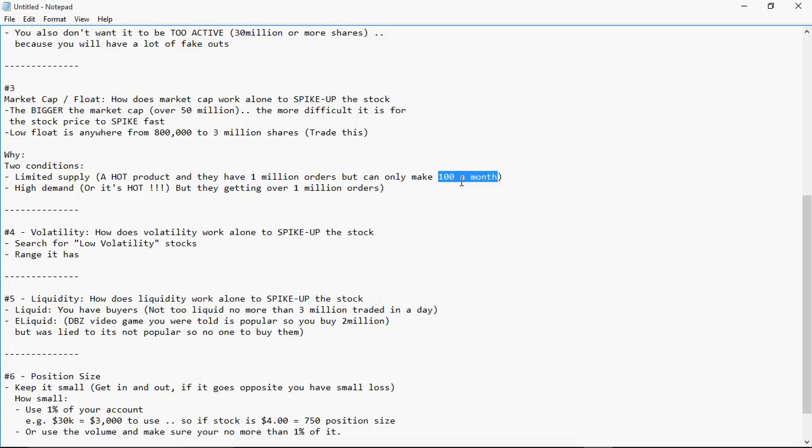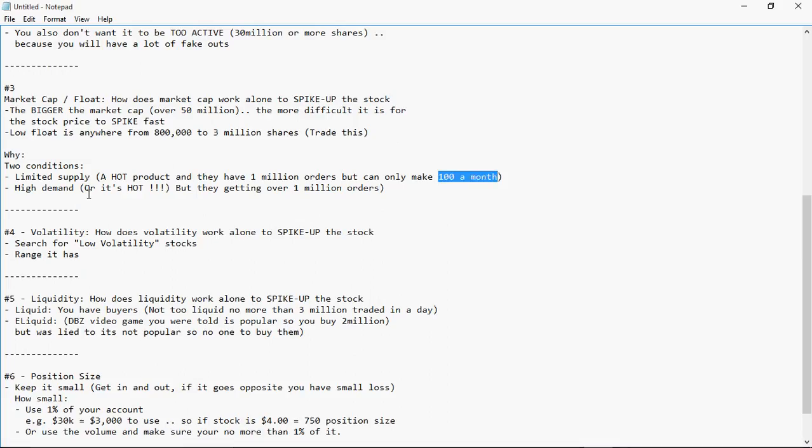You're never going to be able to reach them. Those 1 million people are never going to get their orders. The supply is too low. There's not enough for everybody. You need to find a way to manufacture at least 100,000 a month or more, because it's a hot product and so many people want it, but the supply is a little bit. It's not enough.